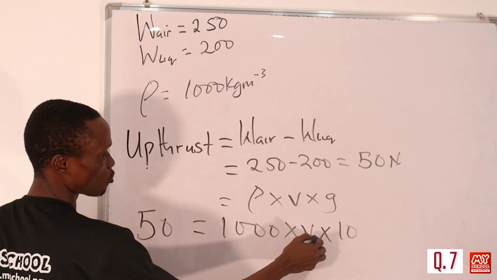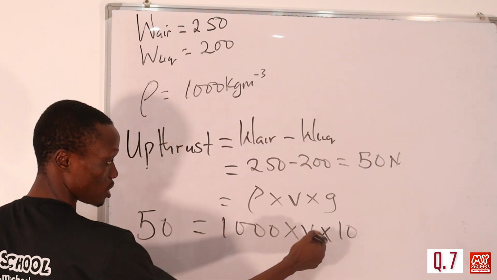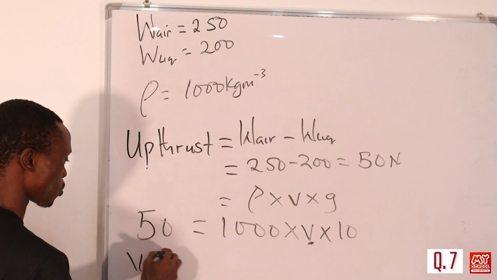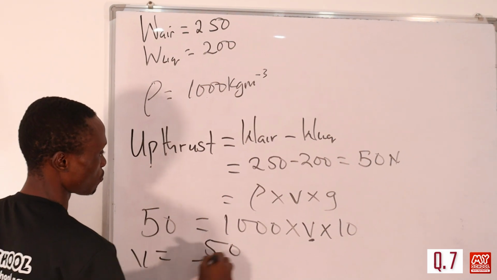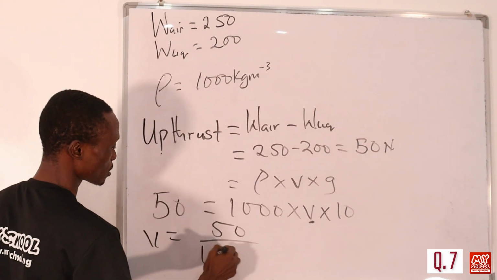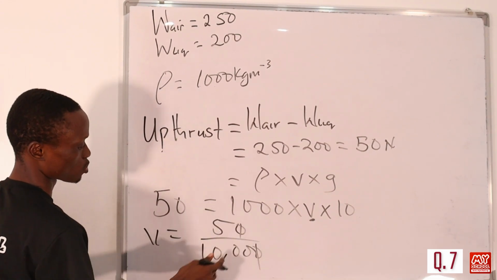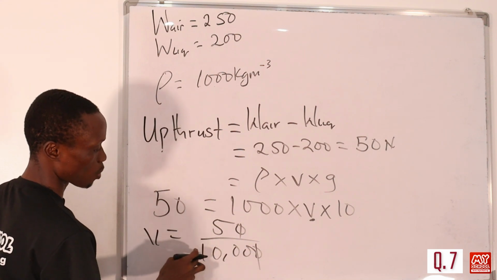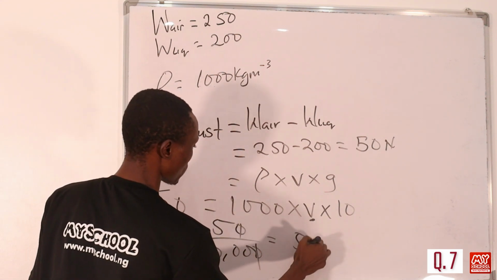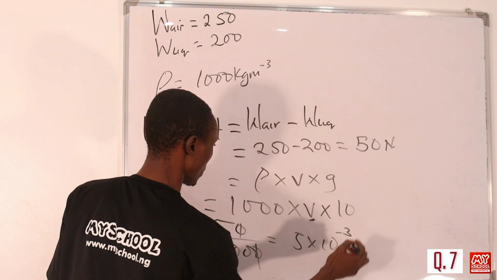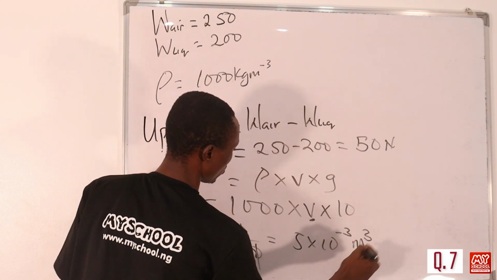Now, since we are calculating the volume of liquid displaced, we'll be having V equal to 50 divided by 10,000. Okay, so divided by 10,000, so 0 will cancel 0. So if we divide 5 by 1000, we'll be having 5 times 10 raised to power minus 3 meter cube.